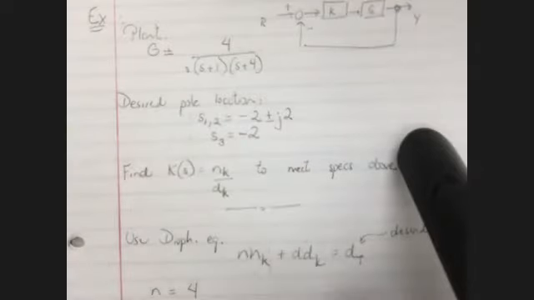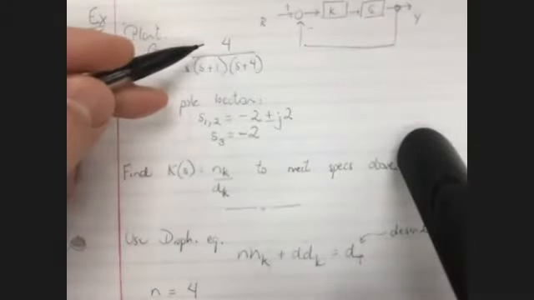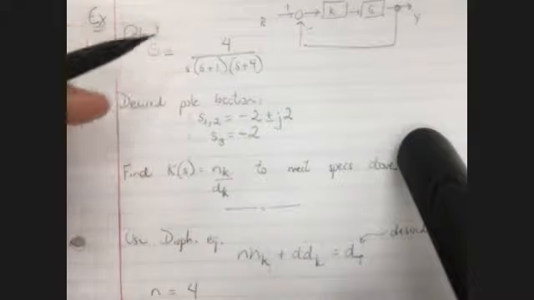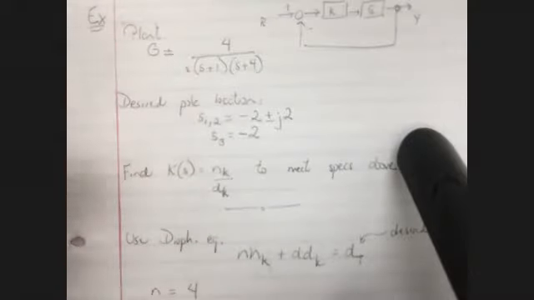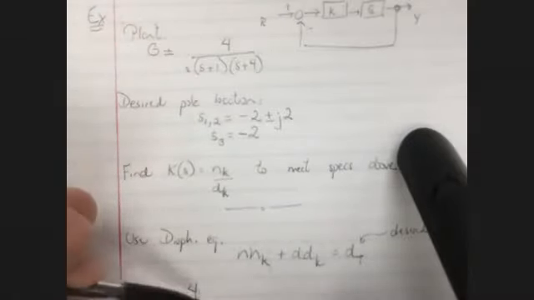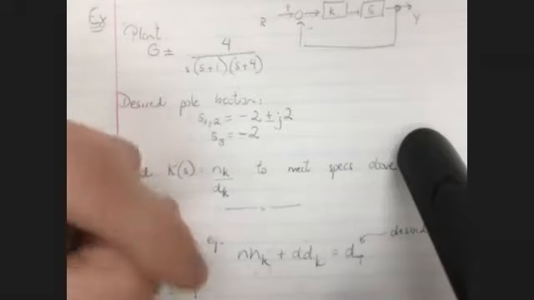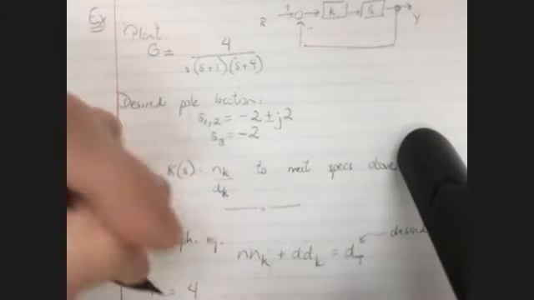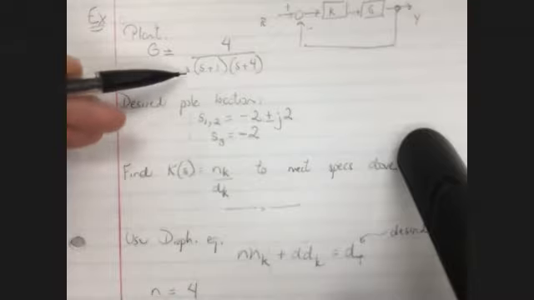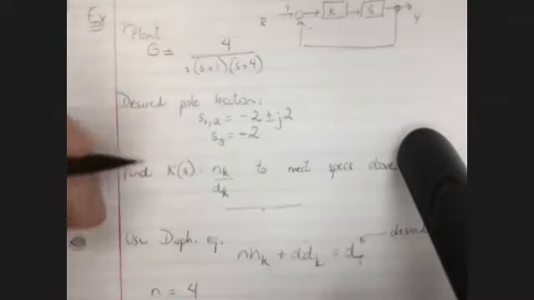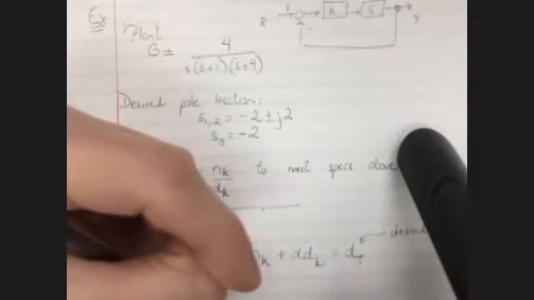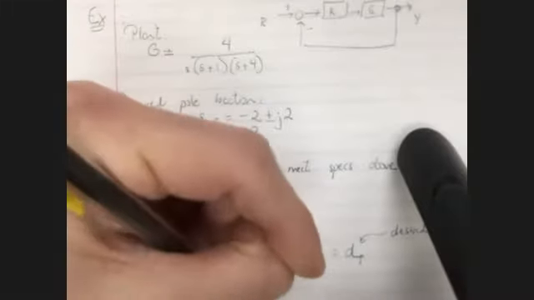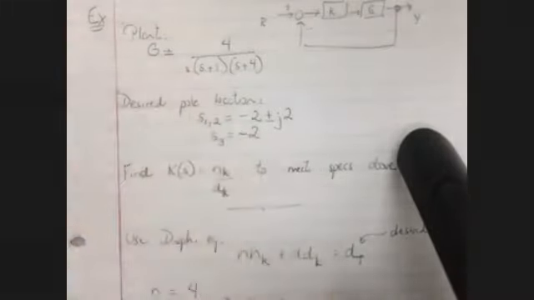It's just the numerator of the plant. In this case, it's just a constant, so it's just 4. And then D is going to be that denominator, so it's going to be this thing right here: S plus 1, S plus 4.